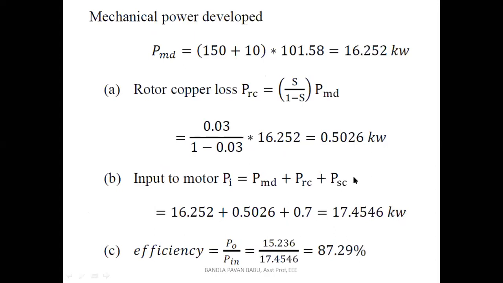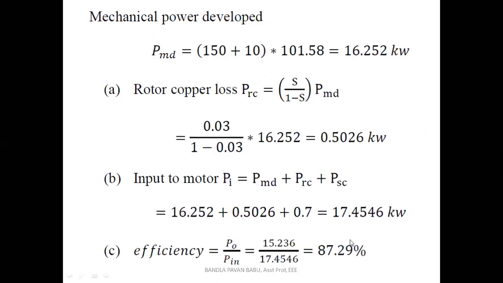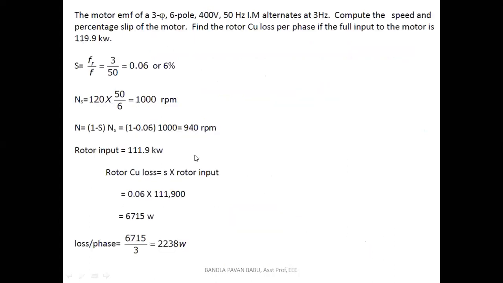So finally the output is 15.26. From this we got the shaft power and the input 17.45. So finally we get the efficiency as 87.29%. Okay, so this is one problem, and one more simple problem there.